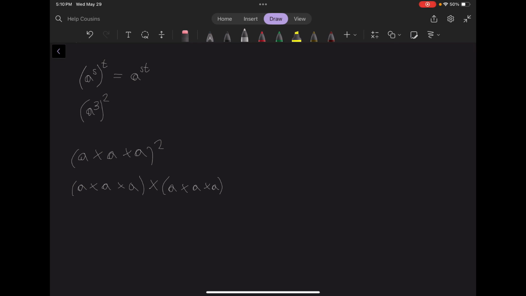We can again remove the brackets, and it's all going to be equal to a to the power of 6, which is equal to a to the power of 3 times 2.